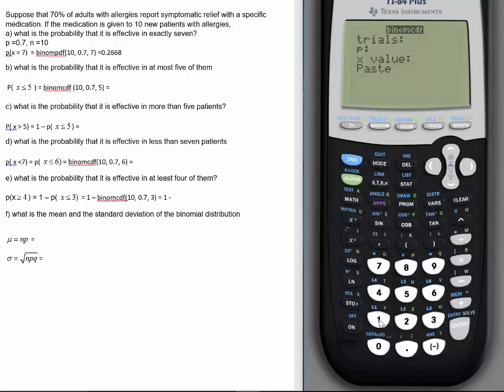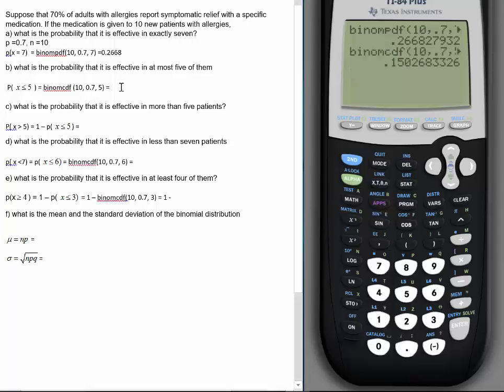It's gonna ask me for the number of trials, which is always 10, for the probability of success, which is always 0.7, and the x value here is 5, and then paste. And Binomcdf, I did paste it in here, and then we're just gonna hit enter and get the answer, which is 0.1503 for 4 decimal places.